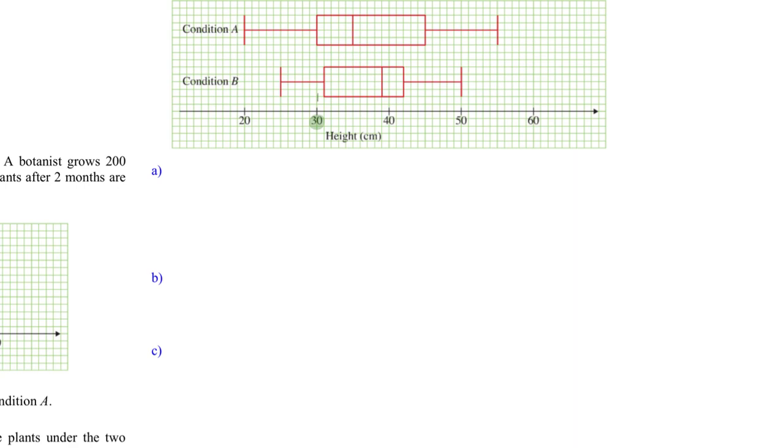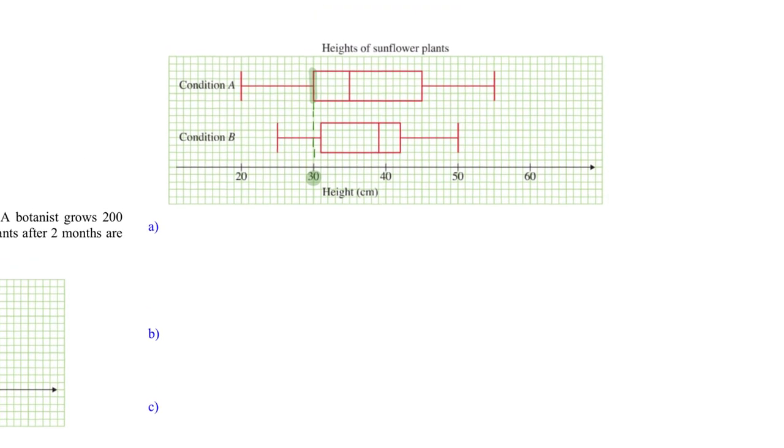So if I continue to go up, I realize that this 30 cm actually corresponds to Q1 for condition A, the lower quartile.